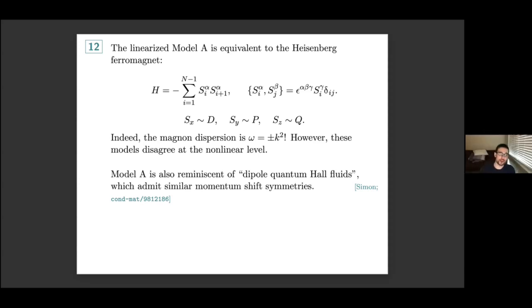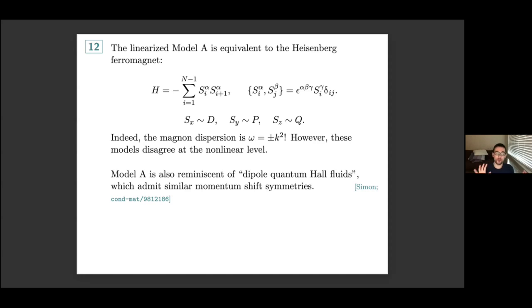There are a few subtleties with the Heisenberg analogy. One is that ferromagnetic ordering doesn't exist in 1D in the thermodynamic limit, and so that's a bit awkward for this analogy.